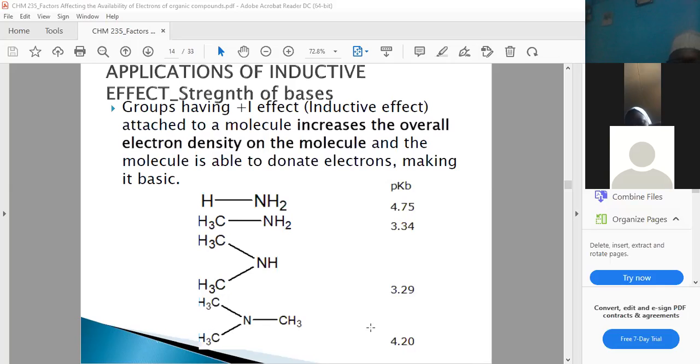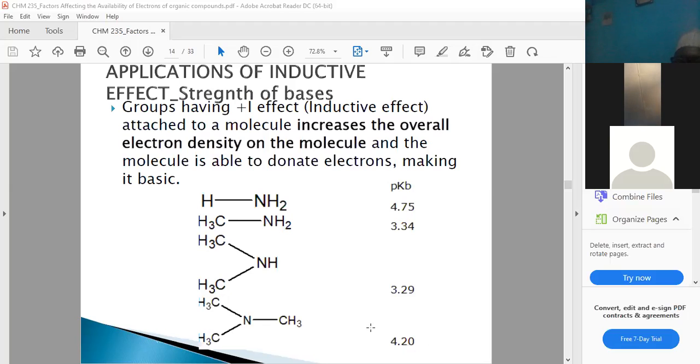We now ask, what is responsible for this observation? What is responsible is not far-fetched. It is because another factor is operating in trimethylamine. Instead of inductive effect, another factor is operating, and that factor is steric effect.